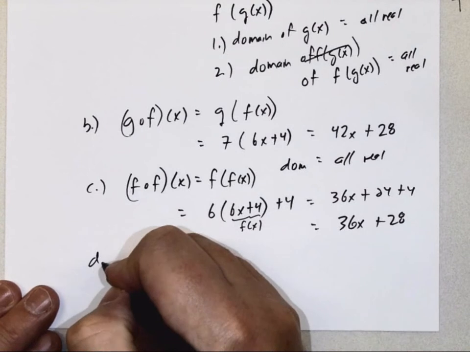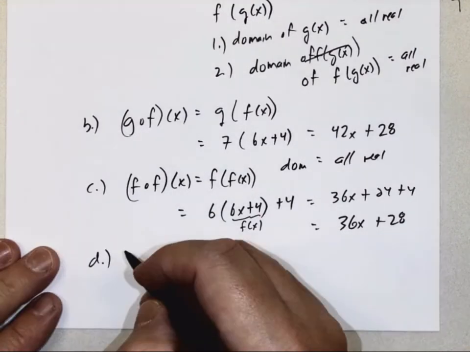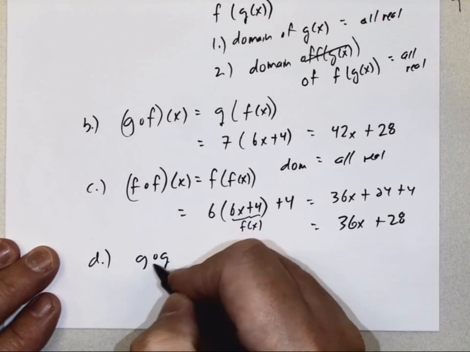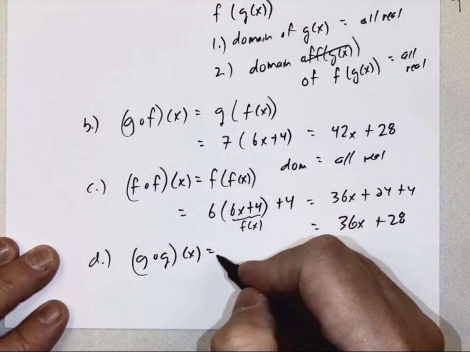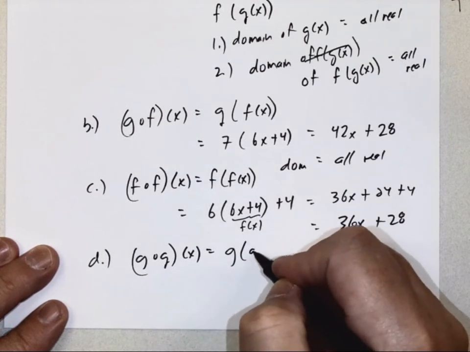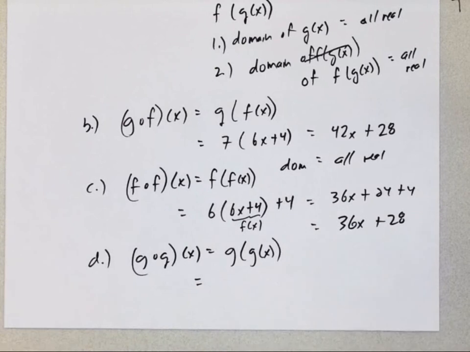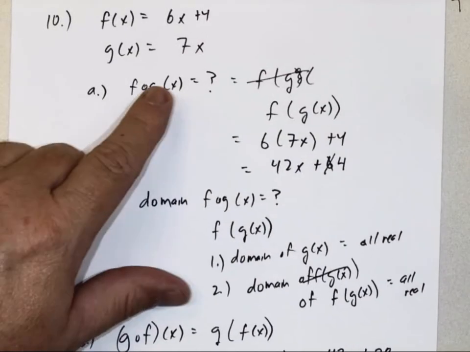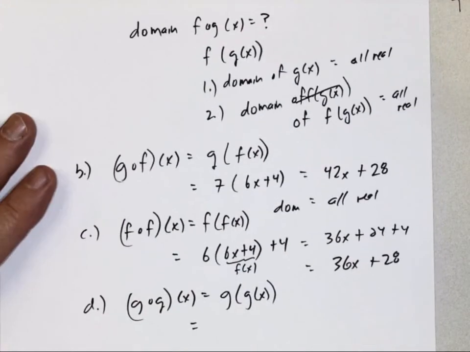And finally for D, they want me to do g composite g of x, which I always rewrite as a function, g of g of x. Take the g function, every place you have an x, you replace it with the g function again.